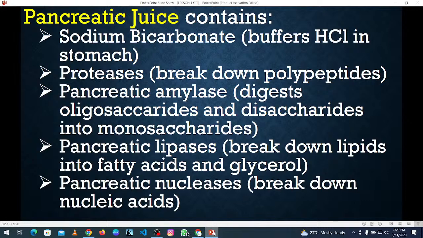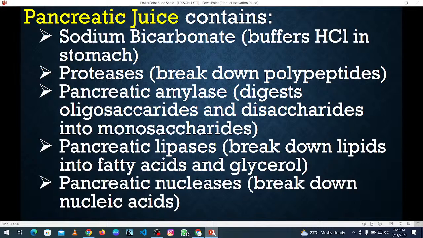It acts under an alkaline condition; the digestive juices produced there require an alkaline condition for them to digest food well.